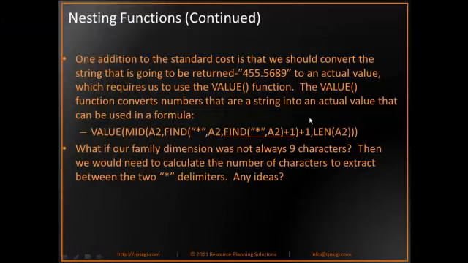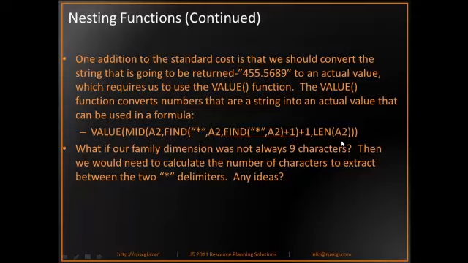Okay, so just quickly closing up our little section on nesting functions. This is describing that last little step that we did, where we enclosed the MID function that we used to extract the standard cost at the end. Remember, we're dealing with a text string.